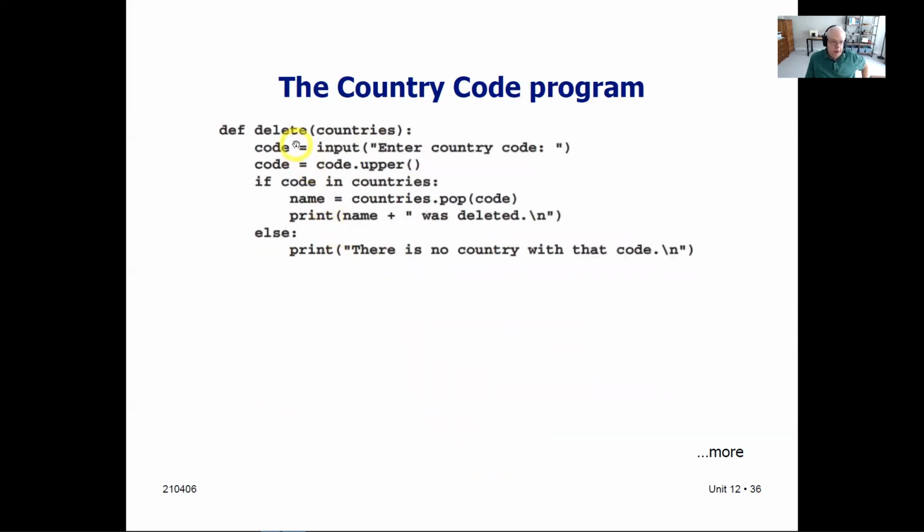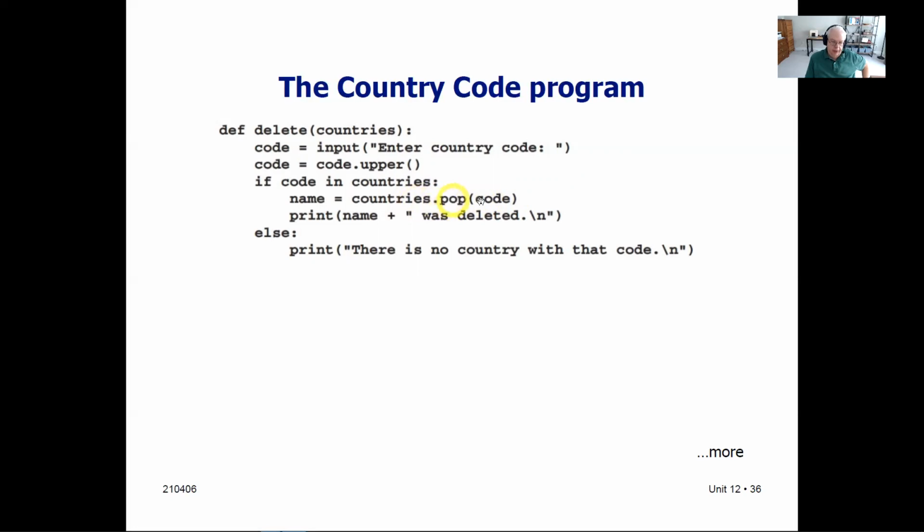Then deleting is pretty simple. We want to check here to see if the code exists for the country you want to delete. So name is going to equal the code that we delete here with a pop. This is a good example of how to use that pop method. The dictionary is countries.